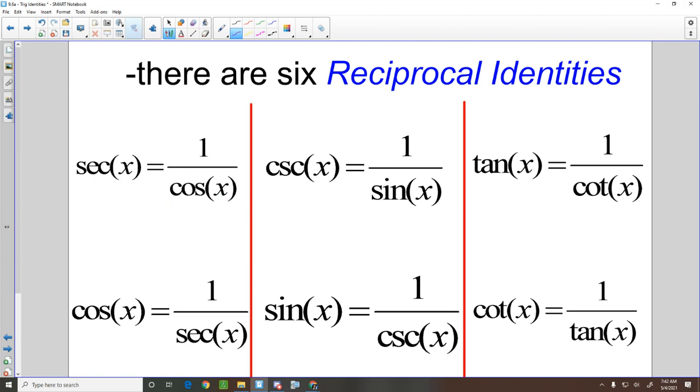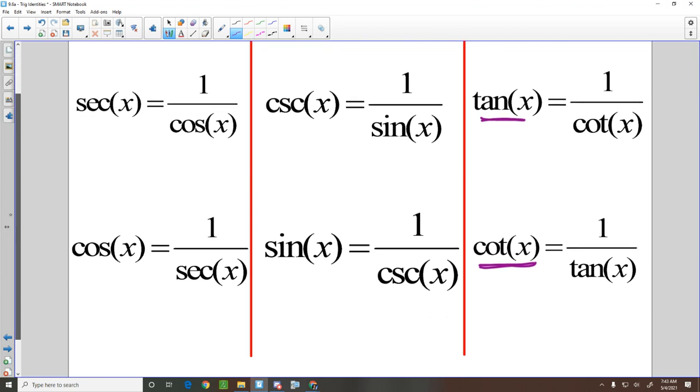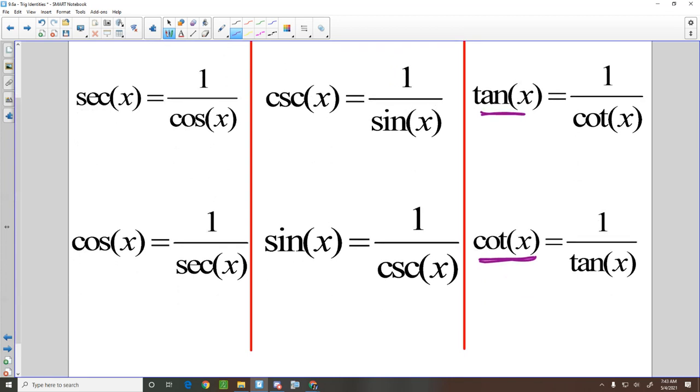Remember the way to keep those straight? First, tangent and cotangent are just reciprocals of each other because they both have the word tangent in them. As far as secant, cosecant, sine, and cosine are concerned, the way I keep them straight is all 4 of those start with either a C or an S. And I always just try to keep it straight by remembering if your basic function starts with an S, its reciprocal will start with a C. You change that first letter from C to S or S to C, because the reciprocal is like flipping it.